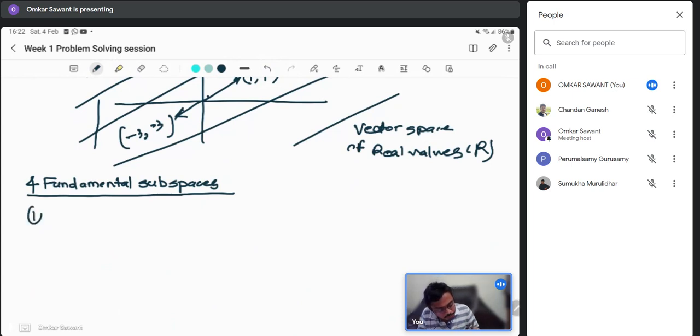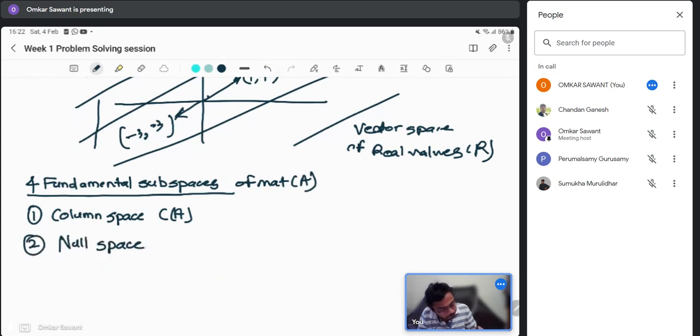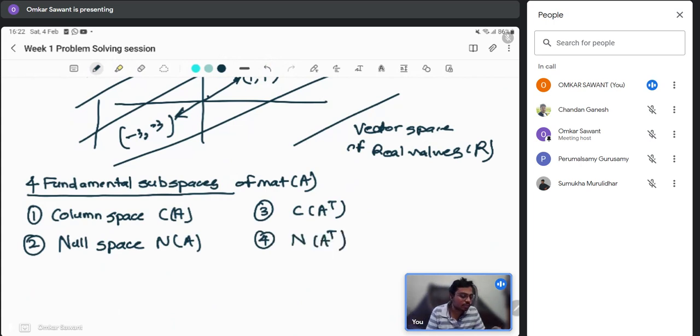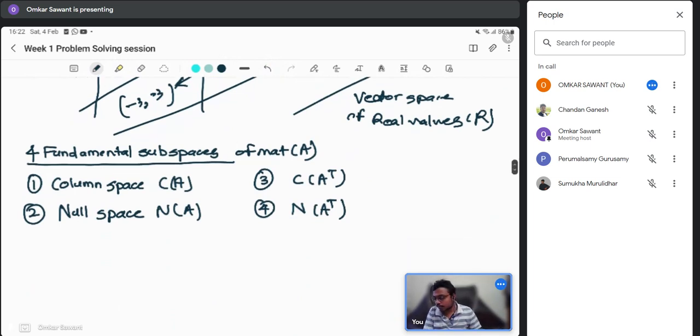Four fundamental subspaces are the column space of a matrix say A, then the null space, then the column space of A transpose, and the null space of A transpose, also called the left null space. These are the four fundamental subspaces.